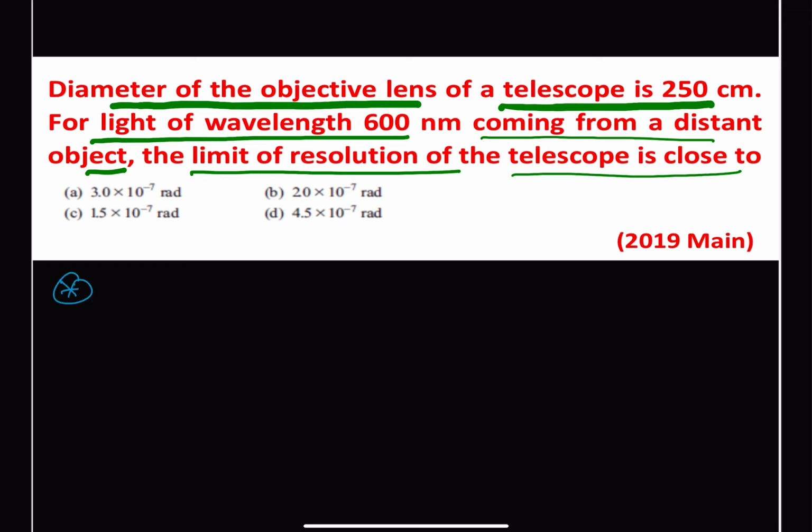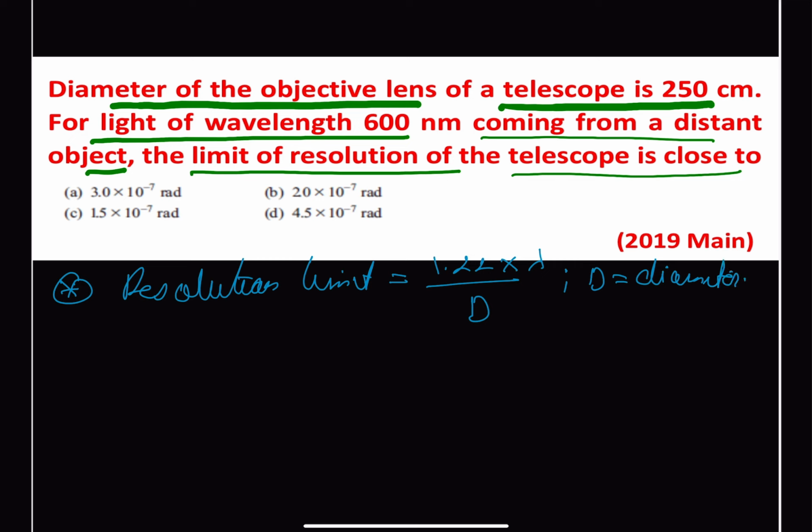So we have our resolution limit, that is our 1.22 multiplied by lambda and divided by d, where this d is the diameter. So we substitute the values.